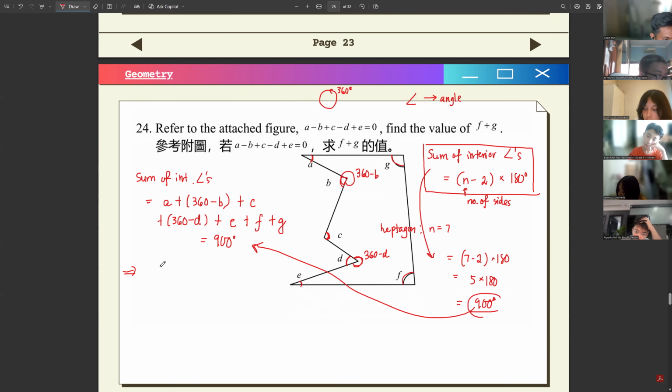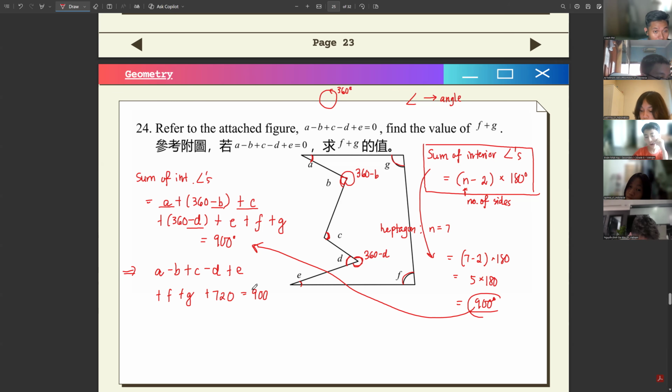Let's simplify. Take note, we can combine A minus B. Let's have the variables first. Plus C, the unknowns. Minus D. Plus E. Plus F. Plus G. And then we have plus 360 plus 360, that's 720, is equal to 900. So this is now our equation. Take note, this one is given as 0. Interestingly, this is given as 0.